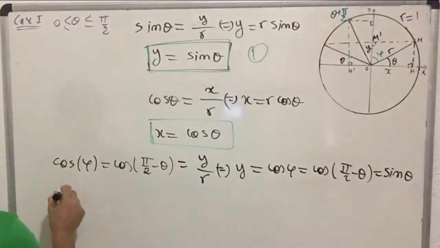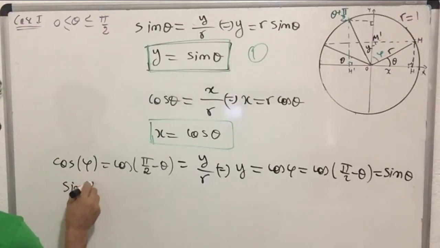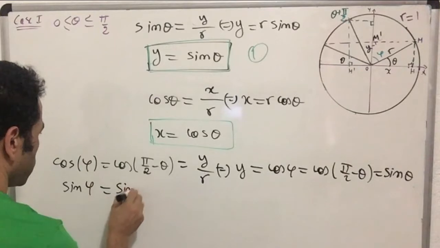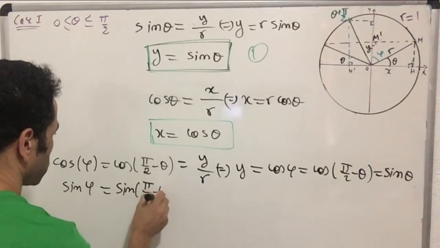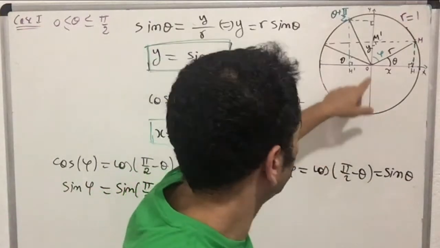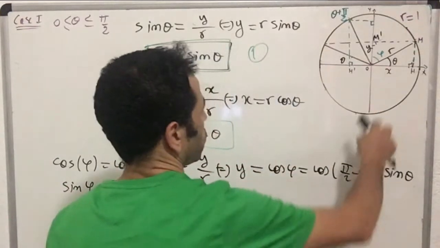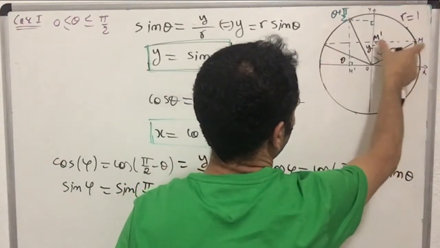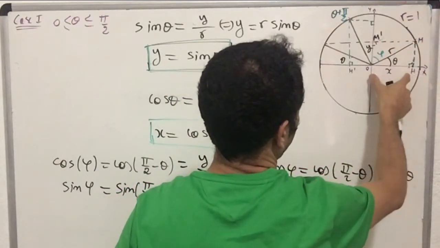Same thing with sine phi. Sine phi equals sine of pi over 2 minus theta. This time, I'm going to do the opposite over hypotenuse. Opposite in this case is M prime M, which is x.